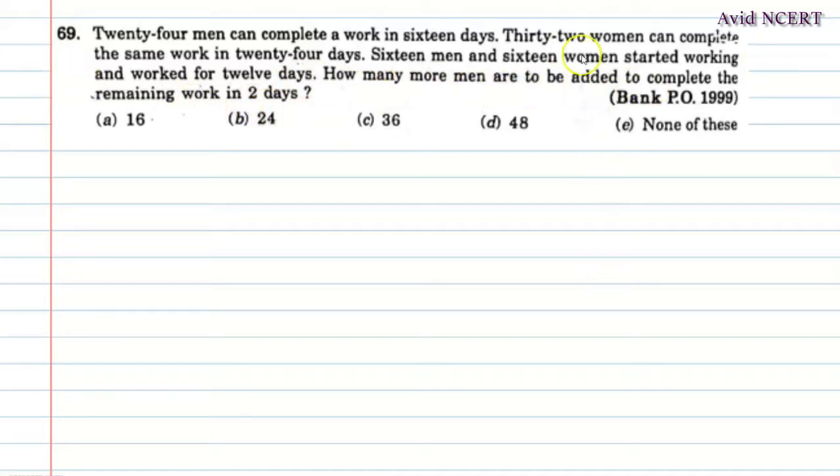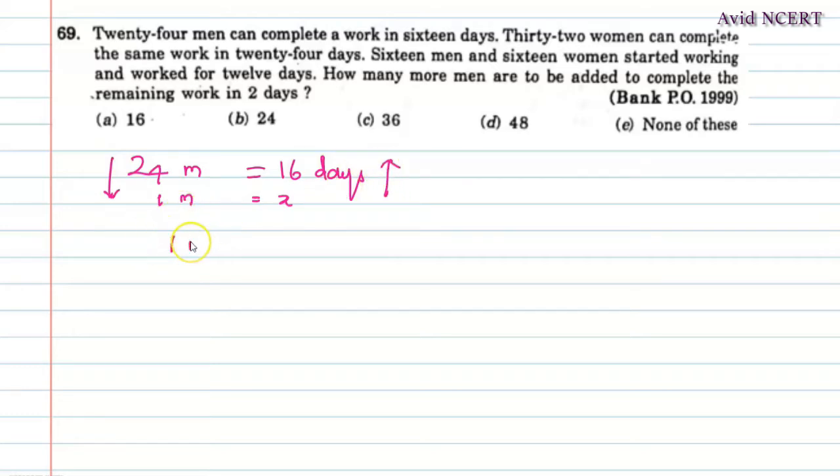So from the first sentence we know that 24 men can complete the work in 16 days. So we have to find for one man, which is equal to x days. Since the number of persons working is decreased, the days will increase.